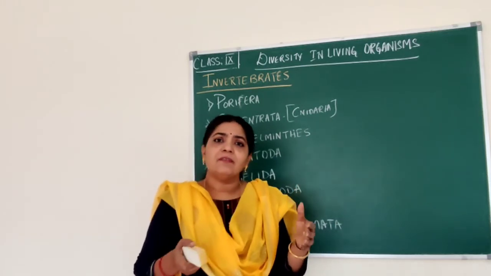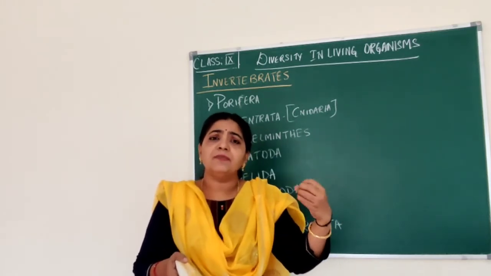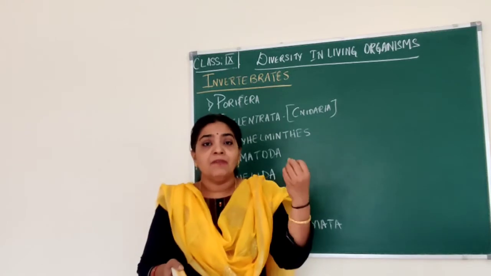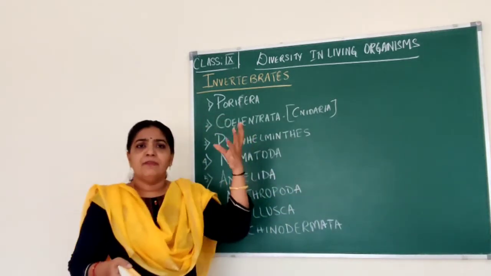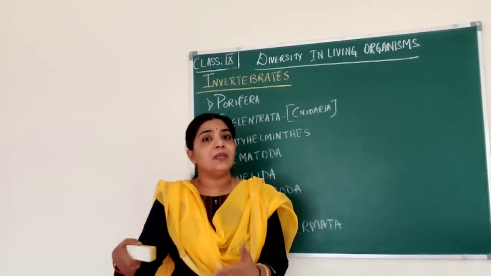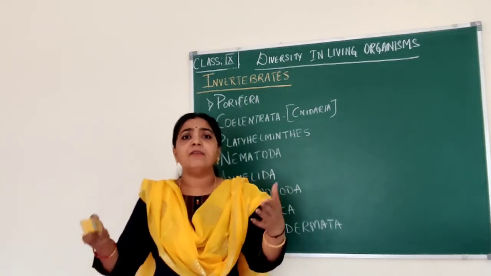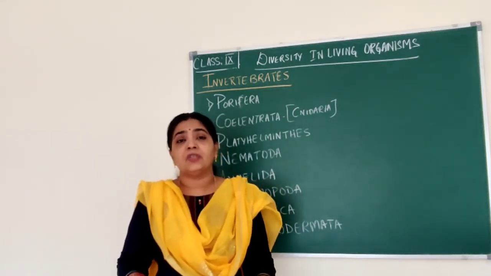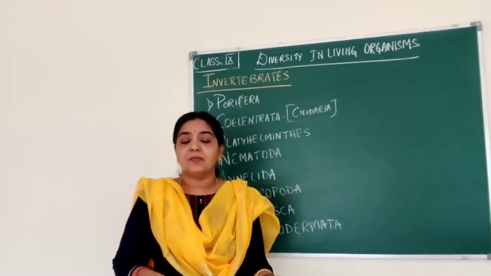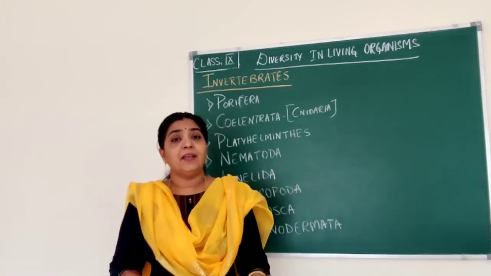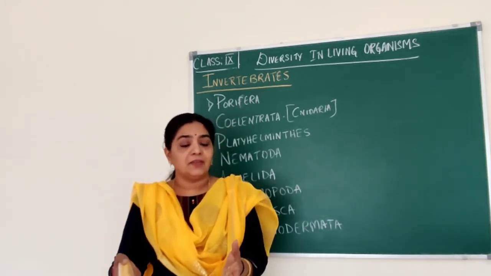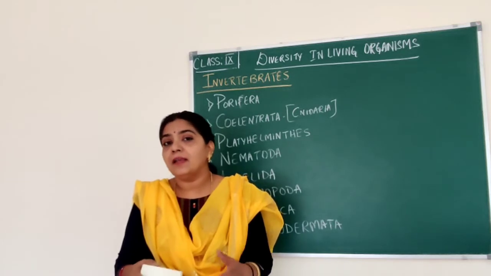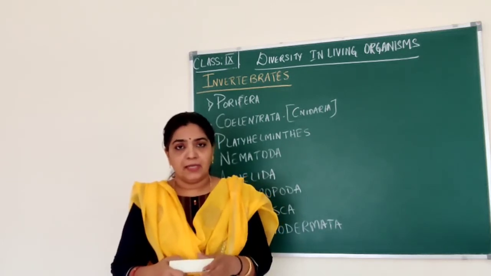Because we are starting from organisms which are very, very primitive. When we start with Porifera, they don't show tissues. Whereas when we talk about vertebrates, we have tissue organization, organ system organization, and the entire organism. That's what we say: vertebrates are highly developed organisms.